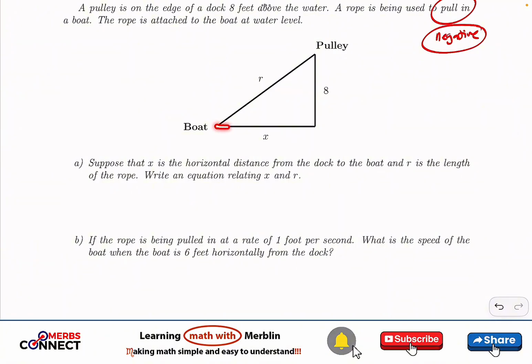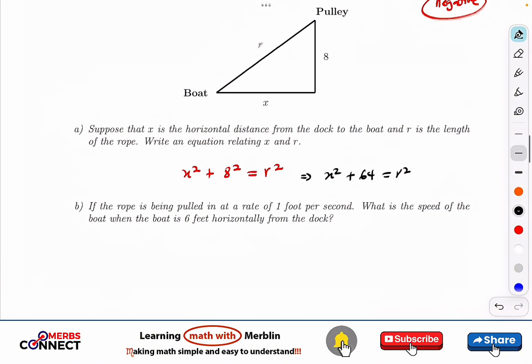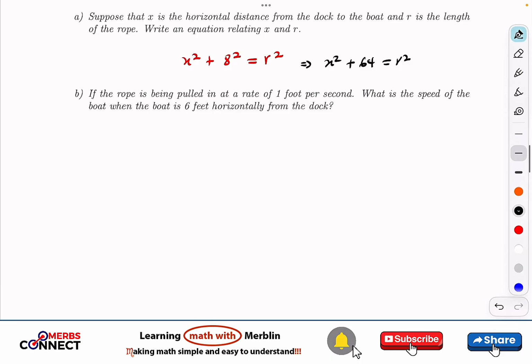So when you square this plus square this, it should be equal to when you square this. So this is just going to be x squared plus 8 squared is equal to r squared. If you want to simplify this, x squared plus 64 is equal to r squared. So this will be the equation that we are going to get.